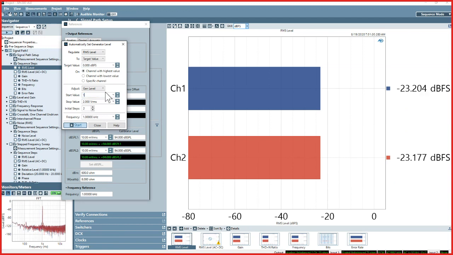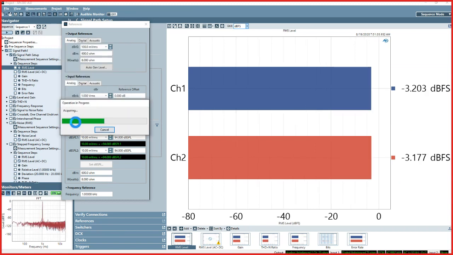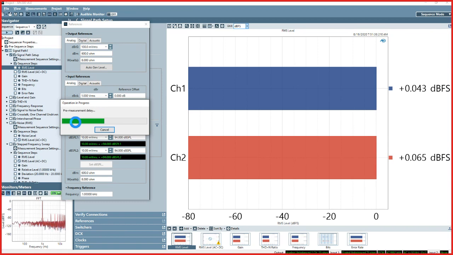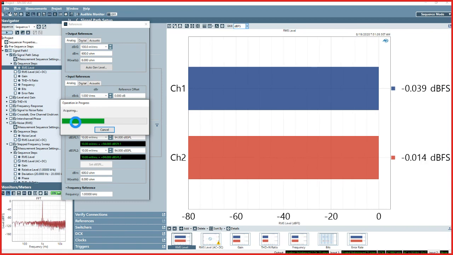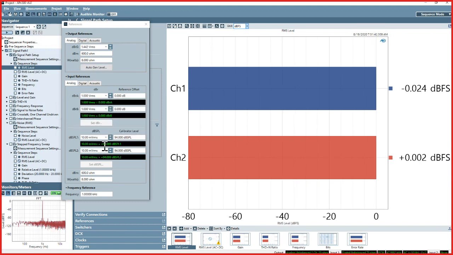And I'll tell it to look between 1 and 2 volts. Okay, so what it's found is actually an output level from the analyzer, or an input to the device, of 1.442 volts RMS, gives us just about exactly 0 dBFS.